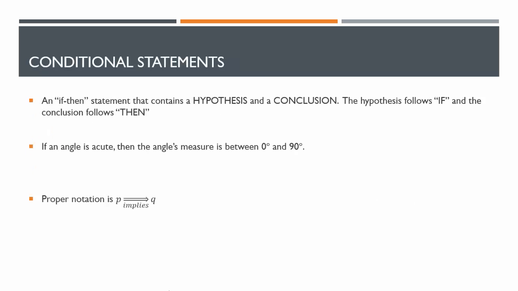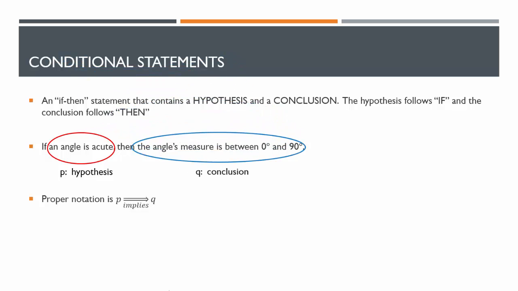So a conditional statement is an if-then statement that always contains a hypothesis and a conclusion. The hypothesis always follows the if, and the conclusion always follows the then. So for our statement, if an angle is acute, then the angle's measure is between 0 degrees and 90 degrees, the hypothesis is only an angle is acute, and the conclusion is the angle's measure is between 0 degrees and 90 degrees.